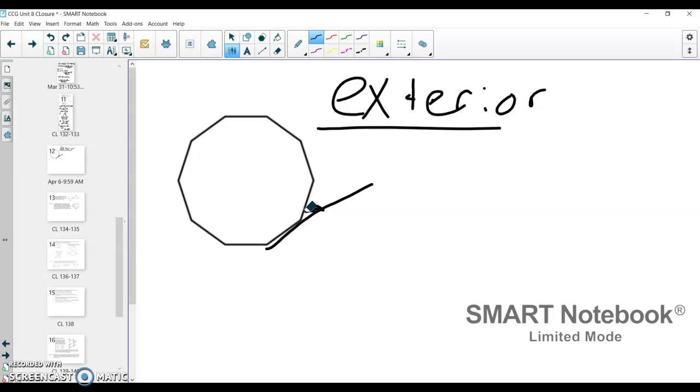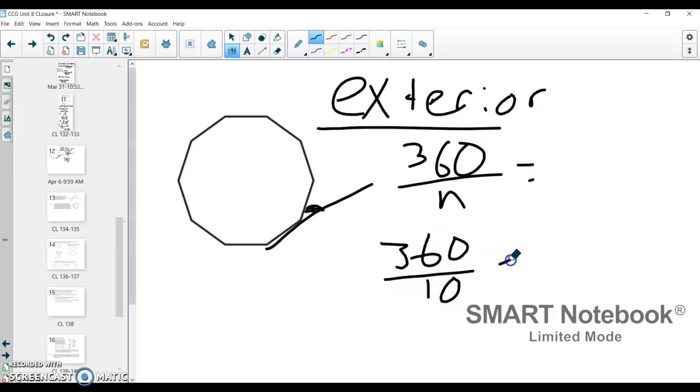To find the exterior angle of a regular shape, you can take 360 and divide it by the number of sides, because I know the sum of the exterior angles of a regular shape always adds up to 360. So if this was 10-sided, it would be 360 divided by 10, which gives me 36 degrees as an exterior angle.